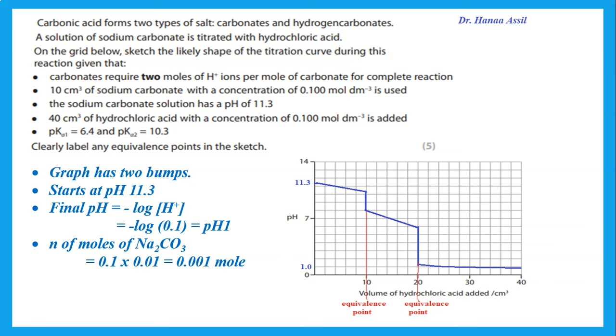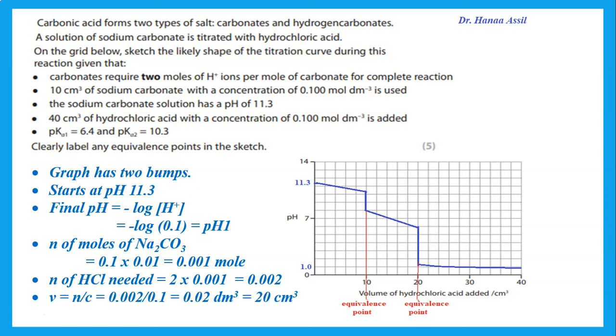And then, what is the number of moles of sodium carbonate? It says I had 10 centimeter cubed of sodium carbonate, concentration 0.1. So this is the number of moles of sodium carbonate. Now, the number of moles of HCl that I need to neutralize it is 2 times that, because I need 2 moles of H plus to neutralize the carbonate. And that means the number of moles of HCl I'm going to use is 0.002.